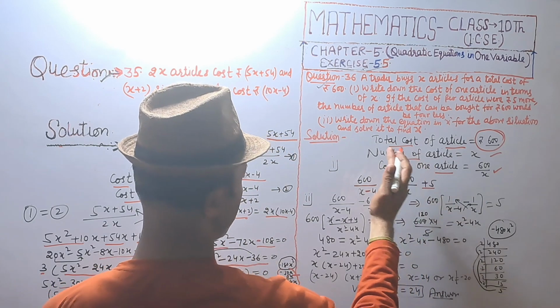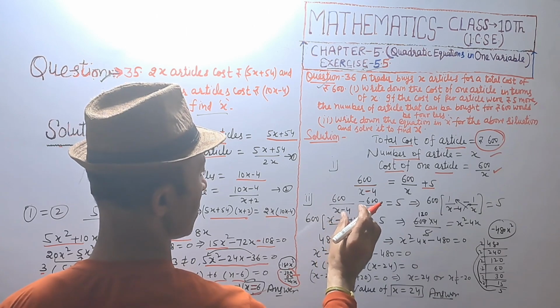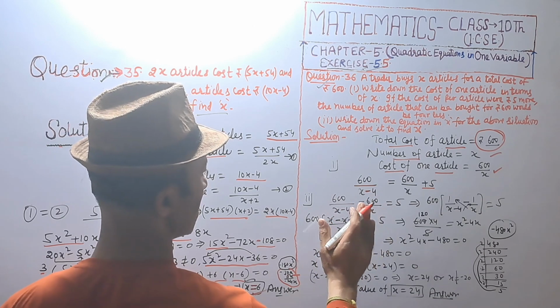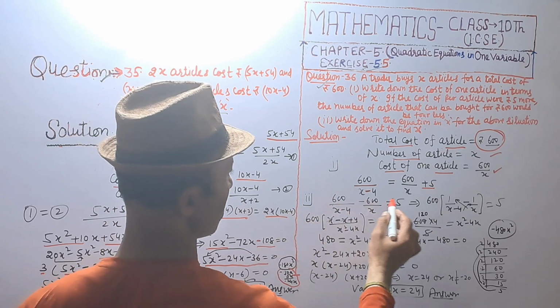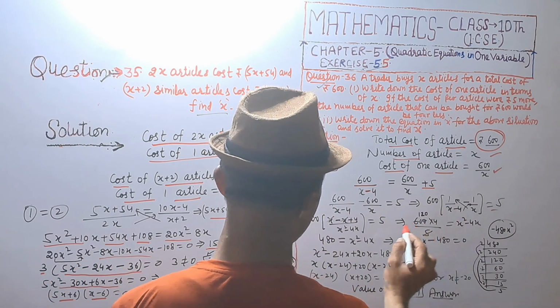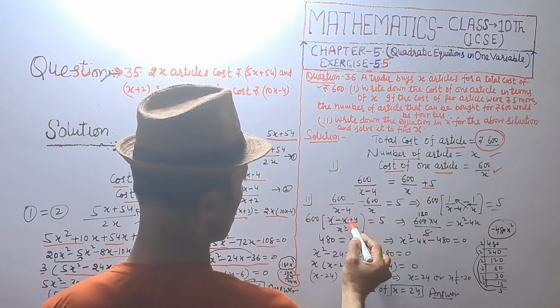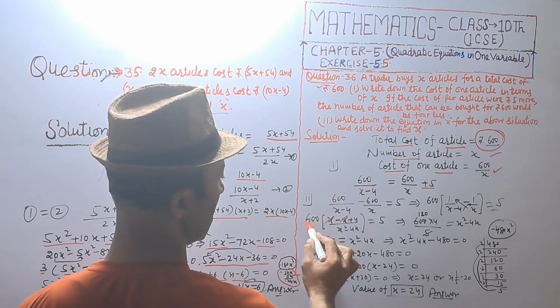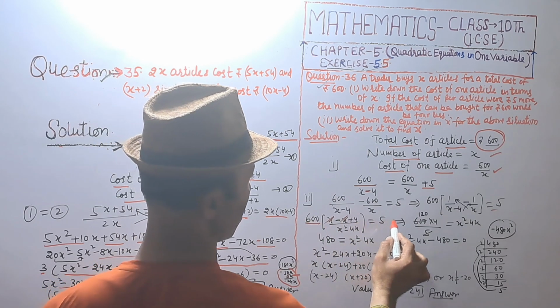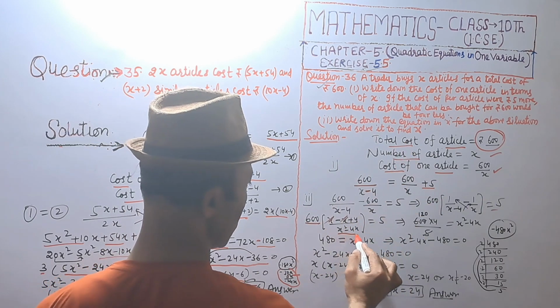600 upon x, we are shifting this to the left side and it gives a quadratic equation. 600 is taken common and cross multiplying, we get x minus (x minus 4), so x cancels, and 600 multiplied by 4 and divided by 5 is equal to x squared minus 4x.